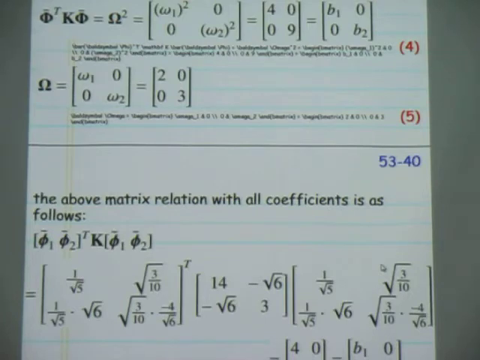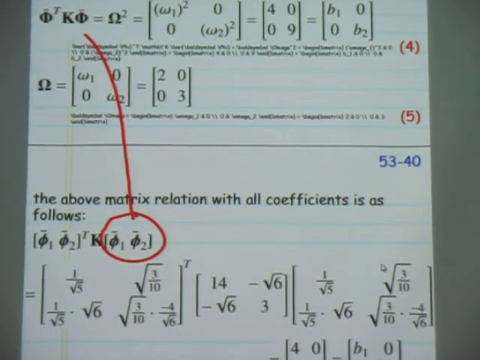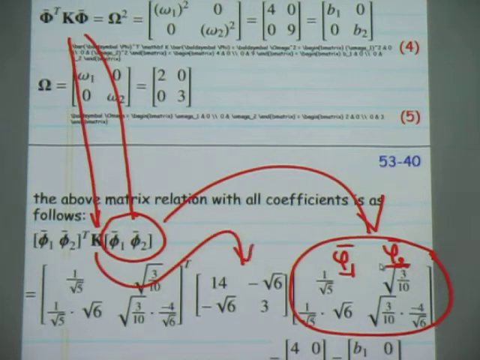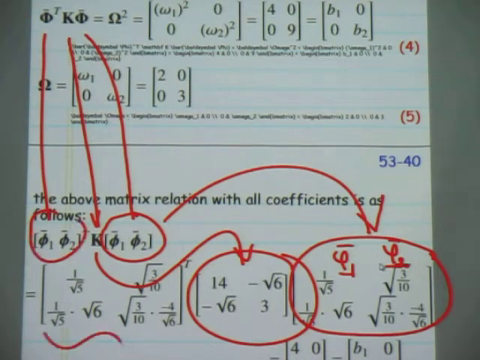Again, phi bar is this matrix here, which is the matrix that has two eigenvectors side by side, and recall that this is phi 1 bar, and this is phi 2 bar. The stiffness matrix goes here, this is the stiffness matrix of the spring mass damper system, and then the transpose is just this one.